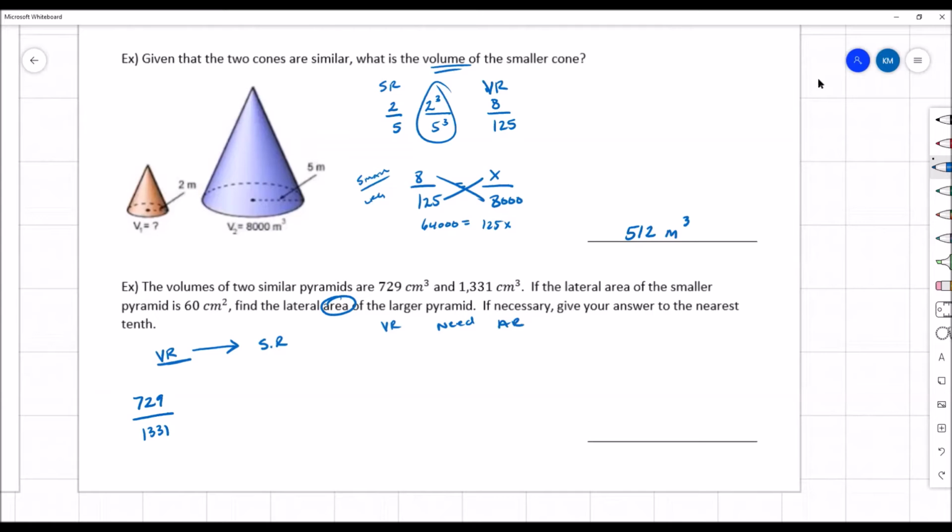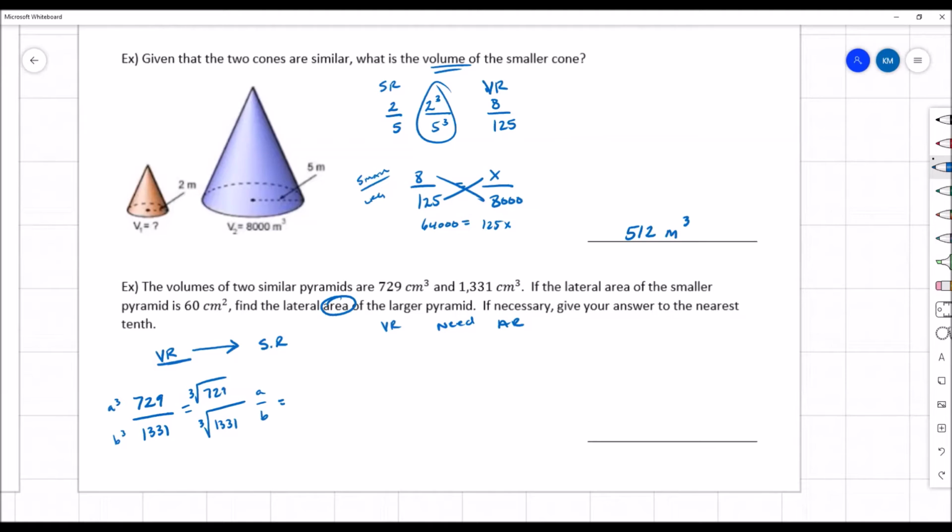But we won't go straight from cube to square. What we're going to do is go from cubed, because this is like a cubed over b cubed, and it'll be easier for us to go to a over b. So we're going to take the cube root of 729 and the cube root of 1,331, and we're going to get what our similarity ratio is.